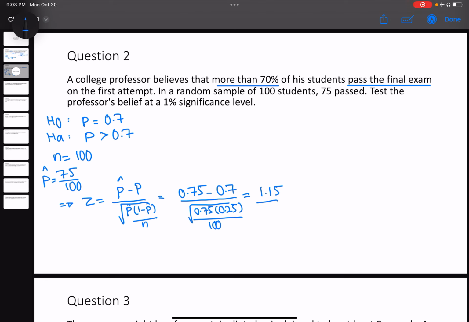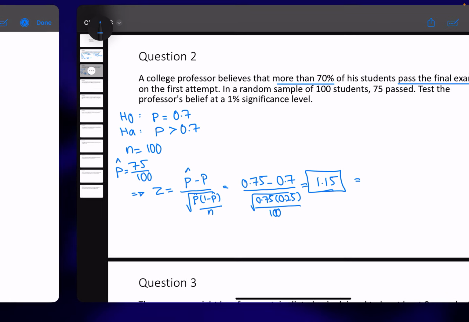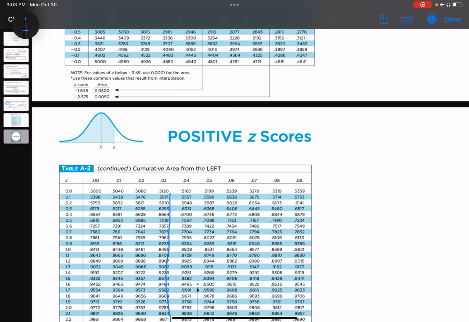And if we look up the table, we will have the z-value, or the area, the probability of the z-value. Excuse me, I forgot to write it down.